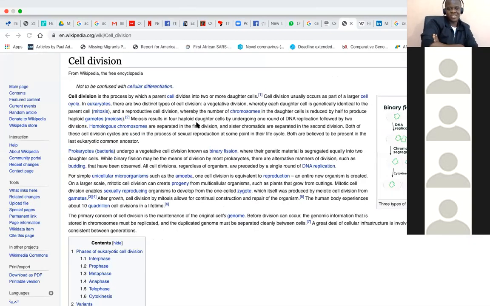So cell division is a process by which parent cells divide into 2 or more daughter cells. A single parent cell will divide into 2 or more daughter cells. So that is what happens during cell division. The goal is that at the end of the process, one cell would result in the formation of at least 2 daughter cells.